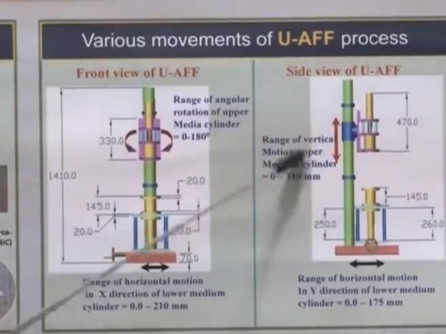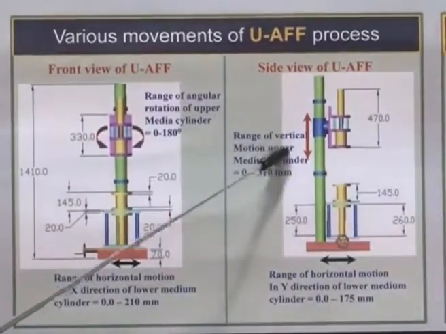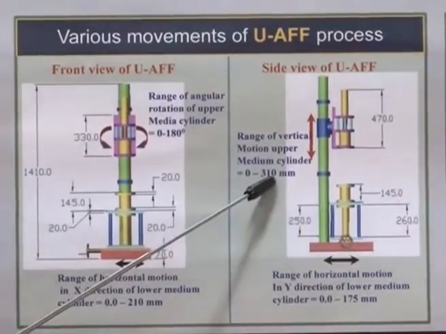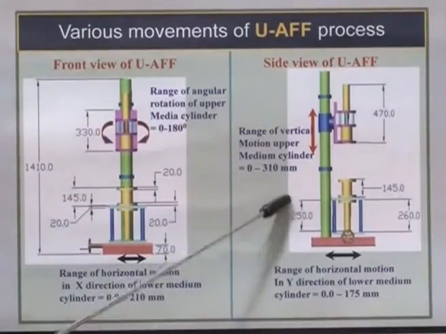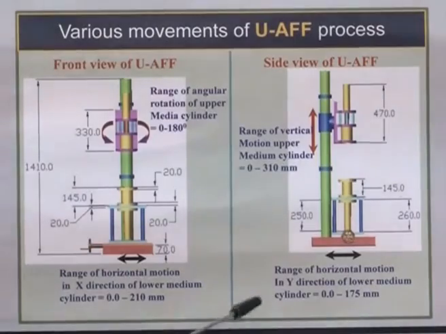At the same time you can have a top to bottom motion, that is the vertical motion, of a maximum of 310 mm, and you have a Y direction, perpendicular to the X axis, of about 175 mm.